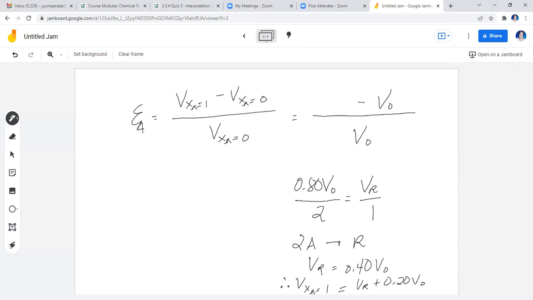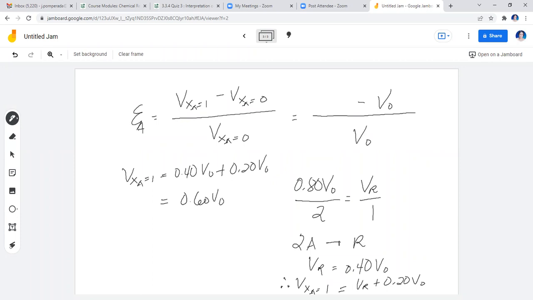So I'll place here V sub XA equal to 1 will now be equal to 0.40 V sub O plus the inerts or the impurities, which is 20%. So all in all, when all the A in your system has been fully converted to R, the system will have 60% of its initial volume.